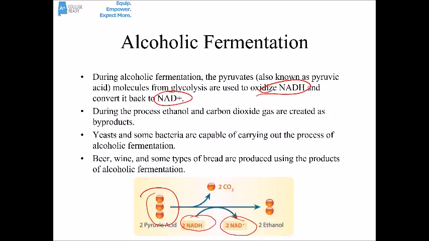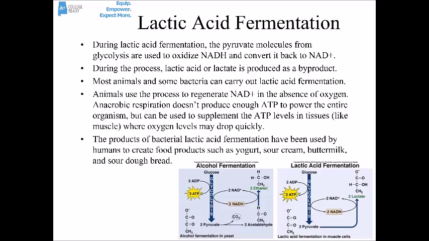In the meantime, the byproducts of this process are that the pyruvic acid forms some carbon dioxide, which bubbles out as a gas, and some ethanol, a 2-carbon alcohol. This is also known as drinking alcohol or grain alcohol. Yeast and some bacteria carry out this process. Beer and wine and some types of bread are produced using the products of alcoholic fermentation.